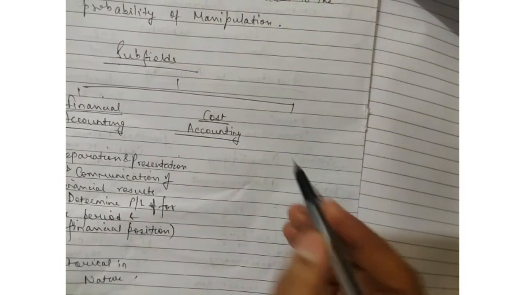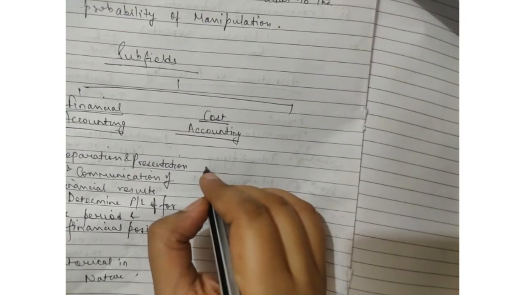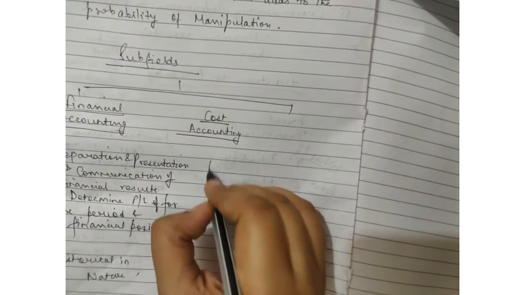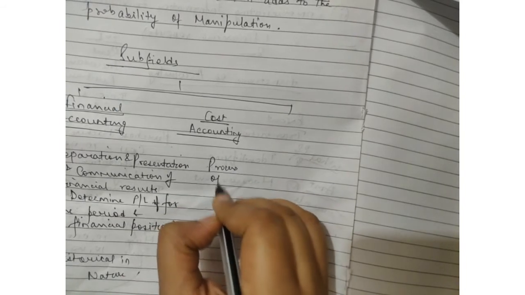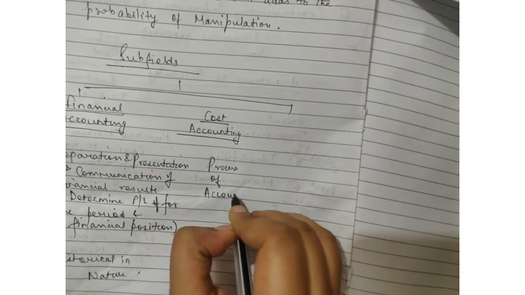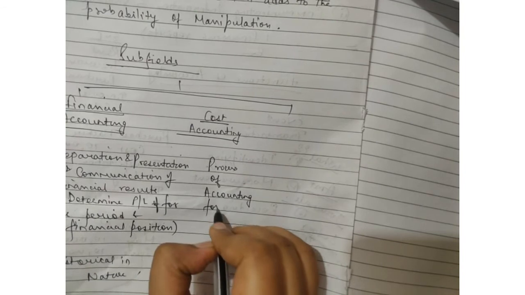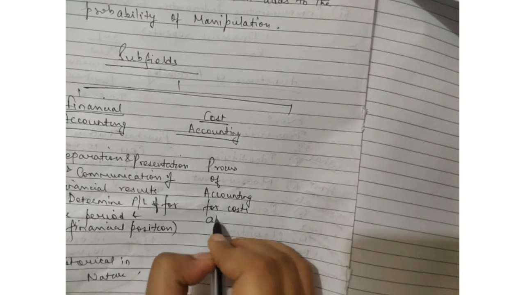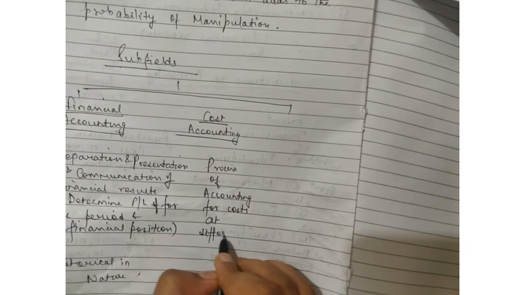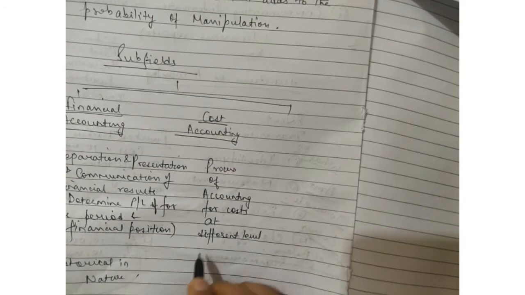So, cost accounting deals with cost ascertainment and cost control. It is a process of accounting for costs at different levels of production.